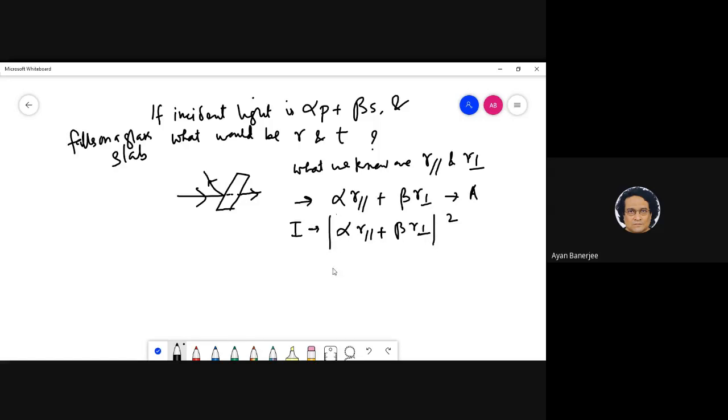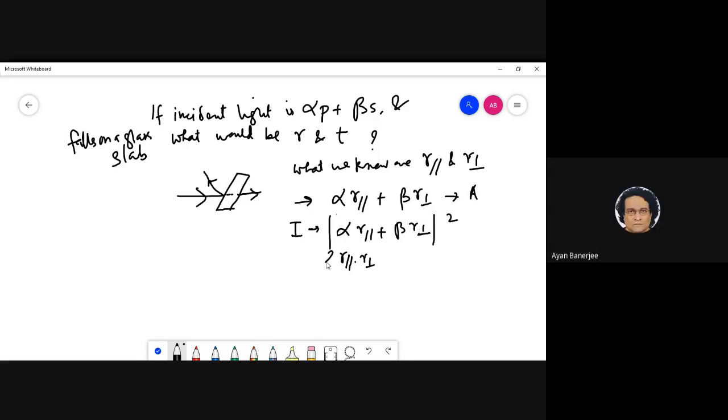But the crucial part is that this is not correct. So then you actually will get these types of terms, right? What will these terms be? You'll get all the cross terms.